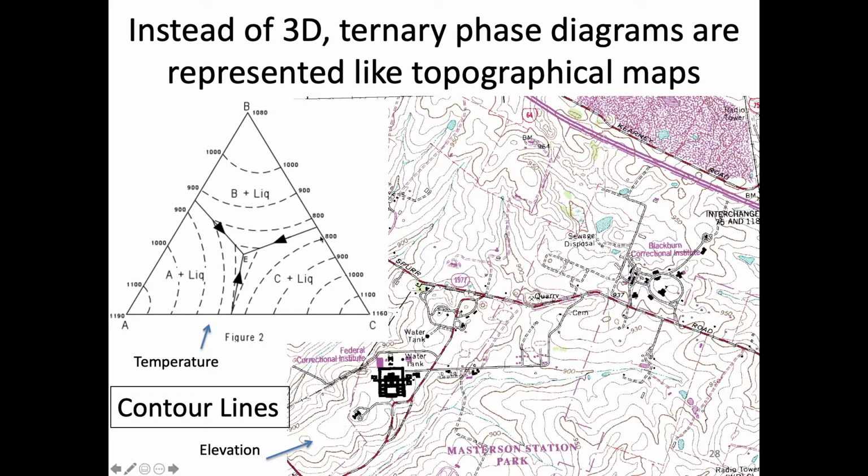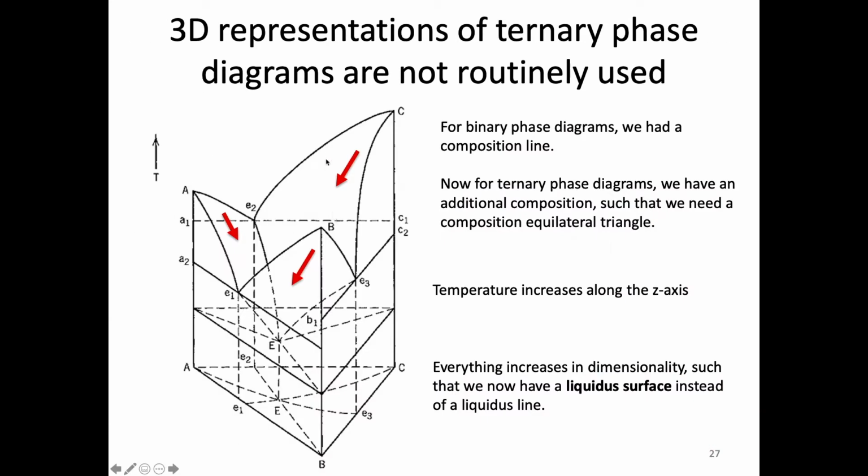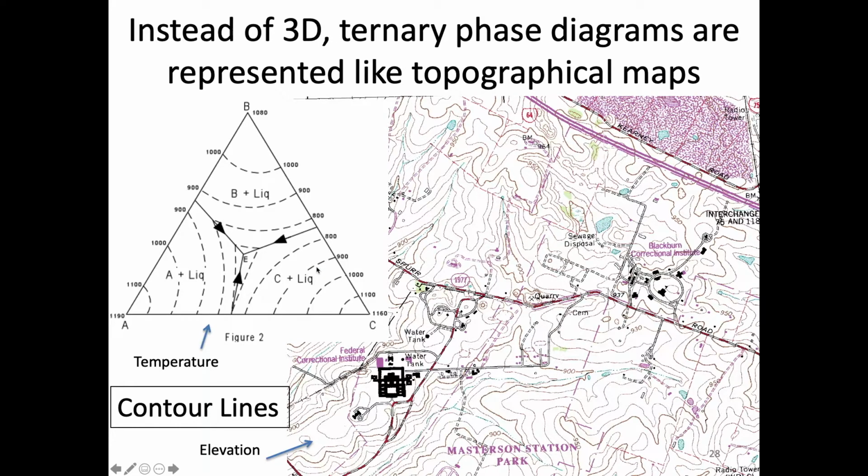Same thing here. These lines on this diagram show you isotherms, so constant temperature lines of that liquidus surface. So if I go back, it's basically showing you the contours of these liquidus surfaces that we have, right? That's what it's showing you. Those contour lines of temperature are equivalent to elevation in the topographic map.